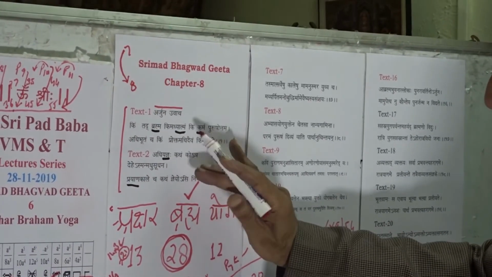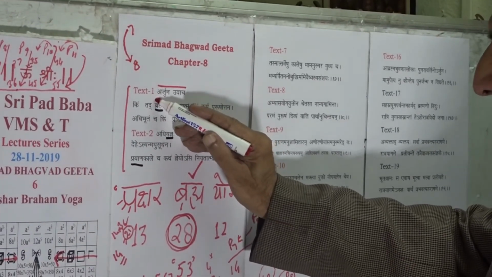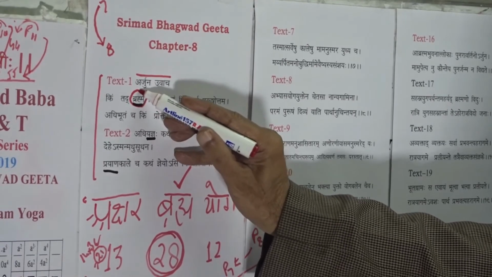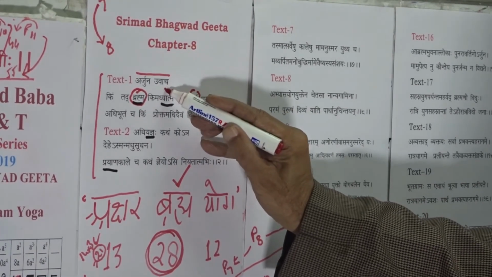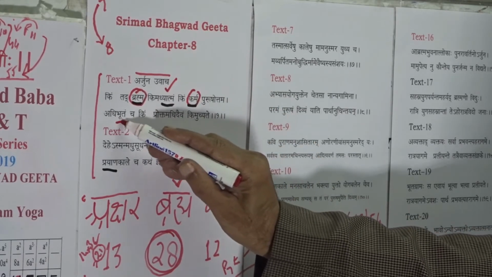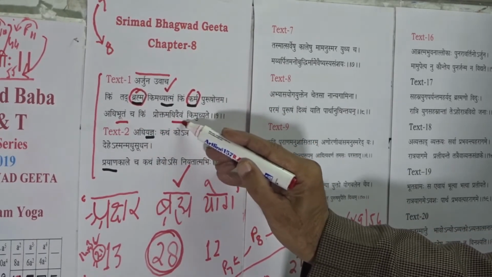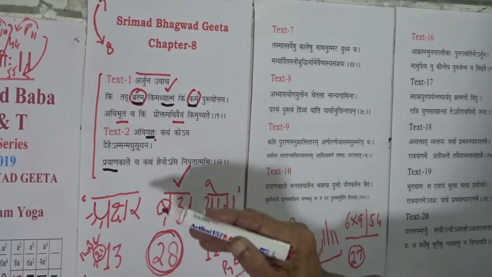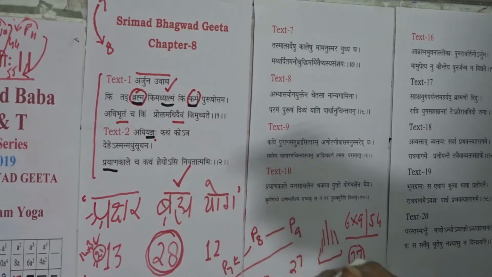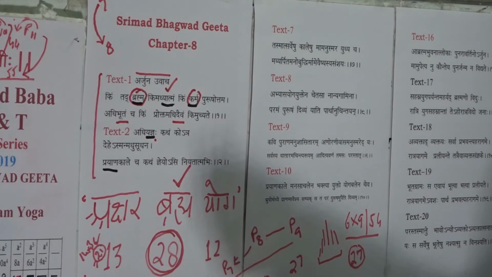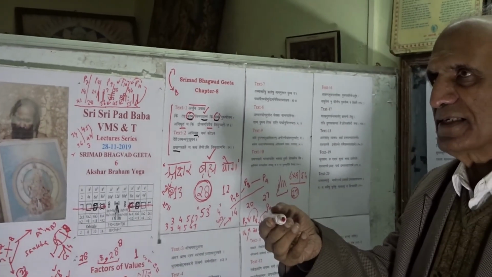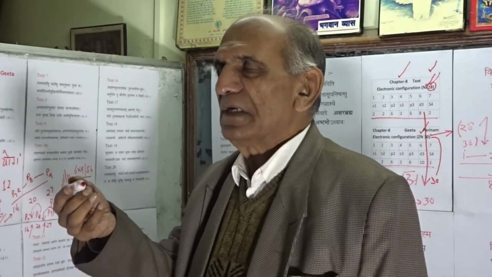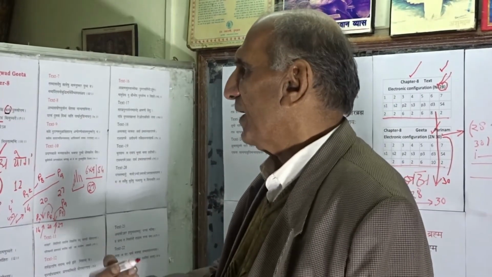The questions are: what is Brahm, Karma, Adhyatam, Adhibhut, Adhidev, Adhiyagya, and how this all functions, operates, organizes, coordinates, leads to life within human frame.